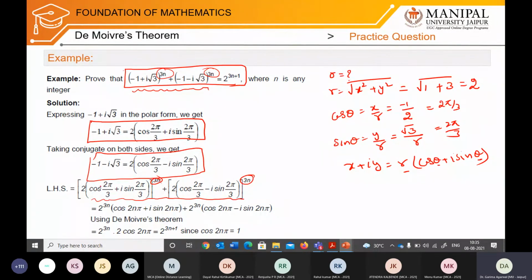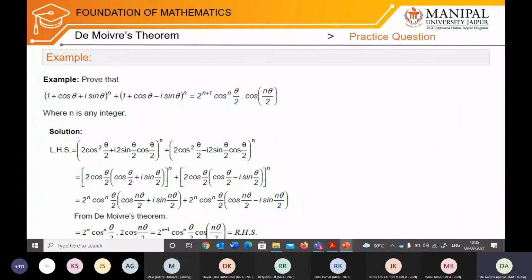This 3n will shift over there. 3 will cancel out, we'll get 2n pi in the angle, right? Then the value of cos 2n pi is 1 and the value of sin 2n pi is 0, right? So in that manner we can solve the complex numbers.